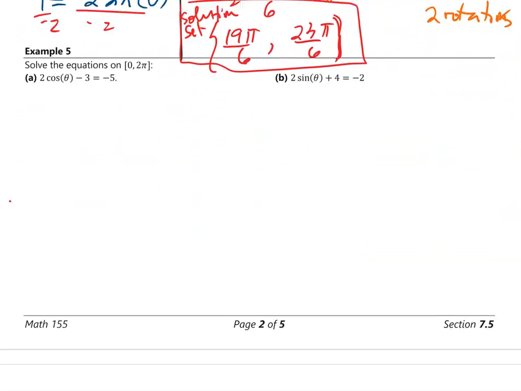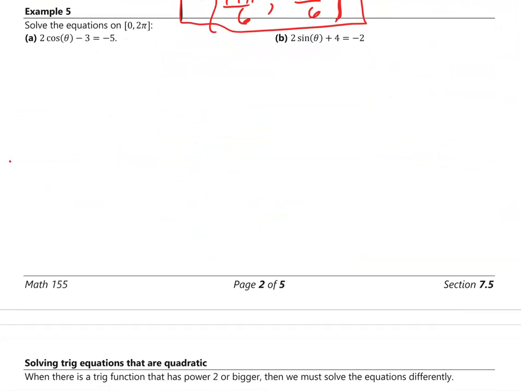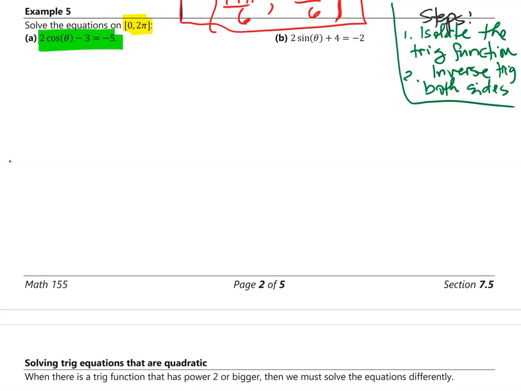Next, example number 5. Solve the equations on the interval from 0 to 2 pi: a) 2 cosine theta minus 3 is equal to negative 5. So here are the steps to follow. The first one, isolate the trig function and then inverse trig both sides. So letter A, isolate cosine theta. We need to add 3 both sides.